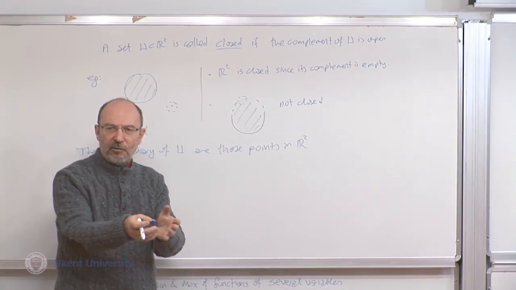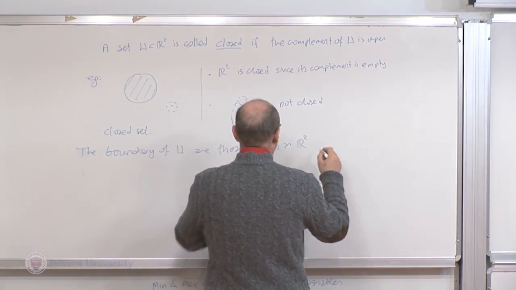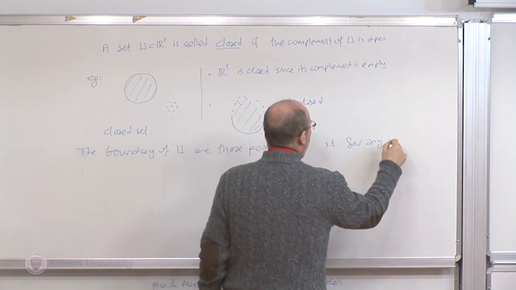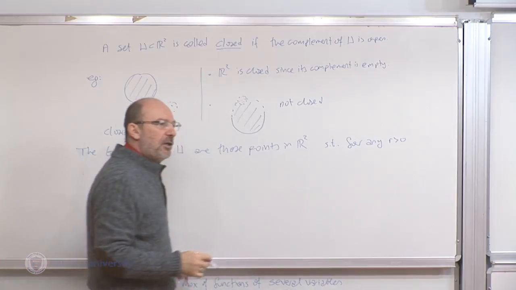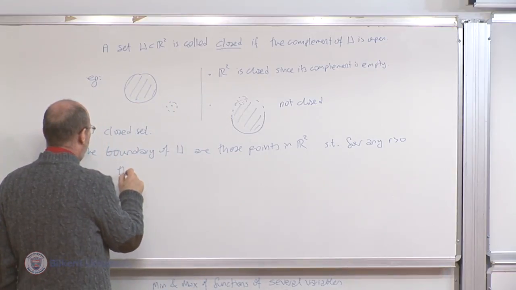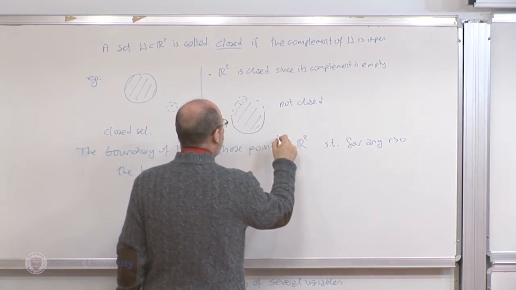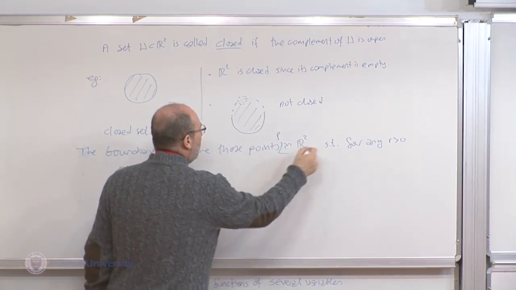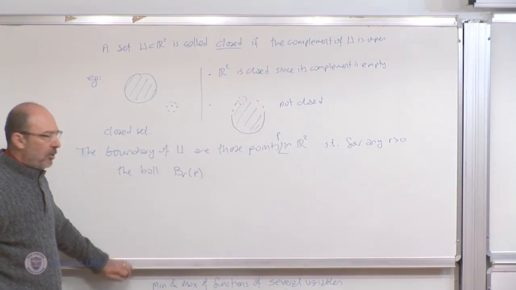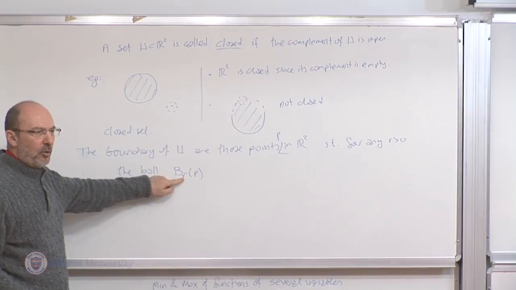Now I have a test. Whoever passes this test will be the boundary. Are those points P in R2 such that for any R positive, of course the interesting thing will be when you choose R smaller and smaller, I consider the open ball around this point, and to make things interesting, I'll choose R smaller, smaller, smaller.